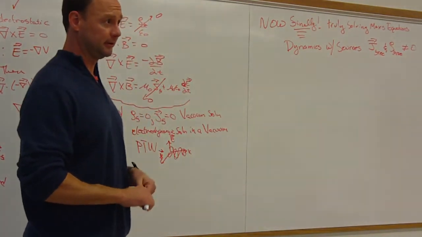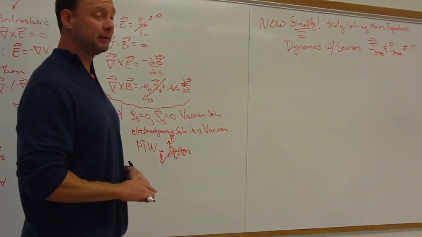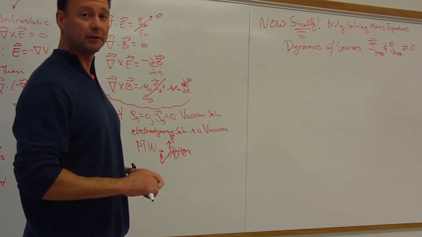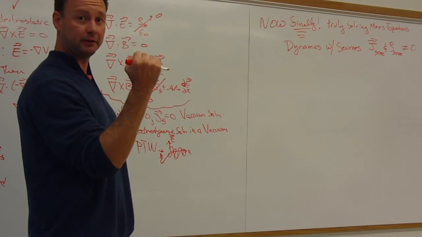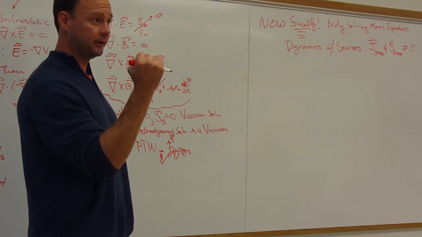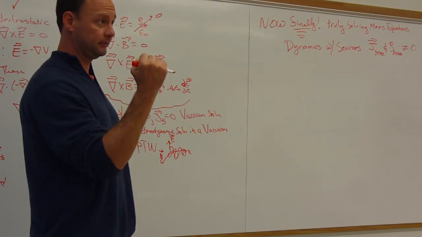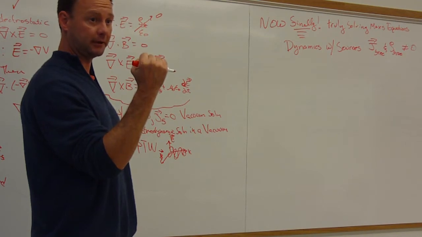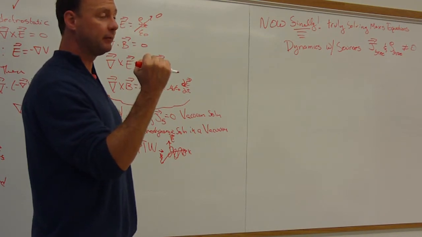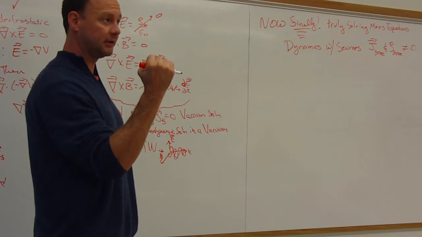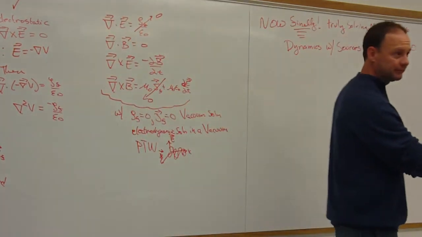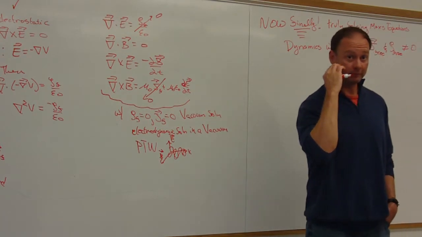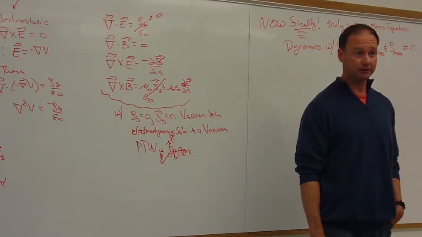Isn't that kind of cool? So basically what we're doing is asking the type of question: if I had a point charge, can you figure out the electric field of the point charge if I'm holding it here? And the magnetic field? That's electromagnetostatics, right? Have you ever been able to answer the question, if I take a point charge and move it, what the electric and magnetic field is from a moving charge?